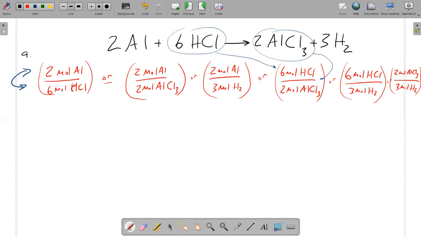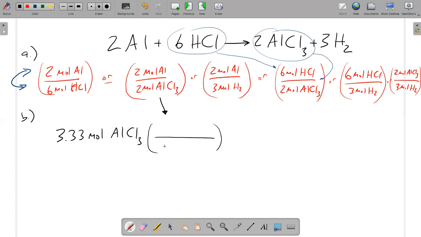So in part B of that, how many moles of aluminum metal are needed to make 3.33 moles of aluminum chloride? I want to make 3.33 moles of aluminum chloride. How many moles of aluminum do I need? So that is this conversion factor here that I just wrote.